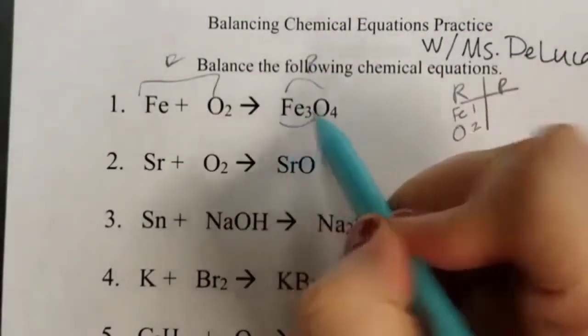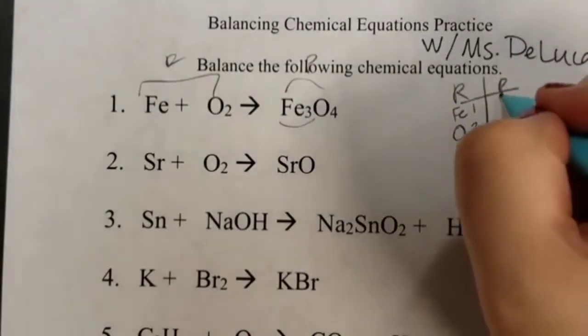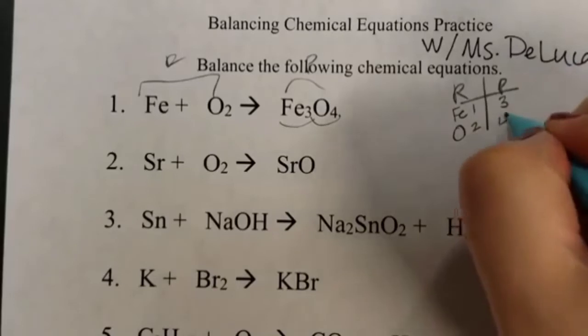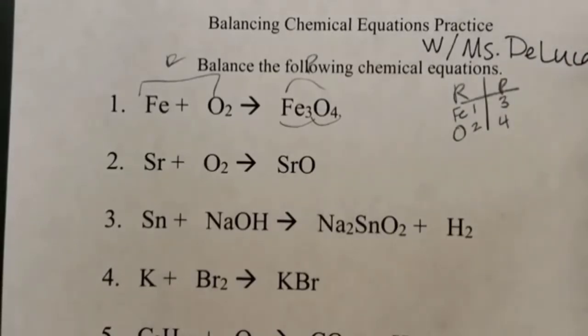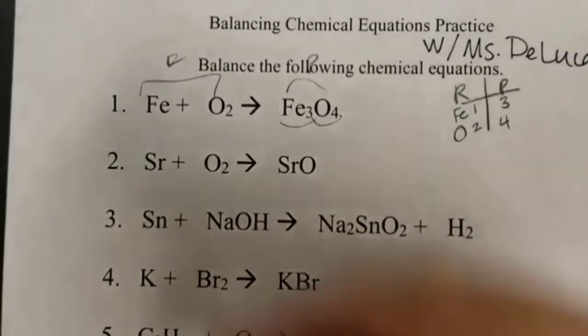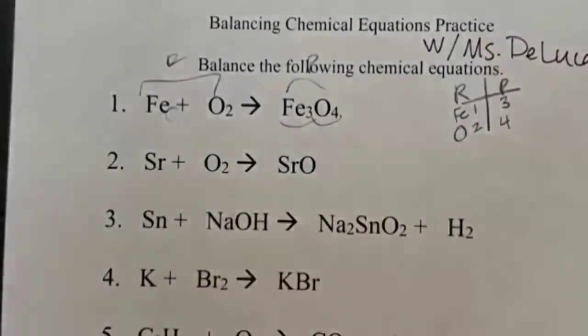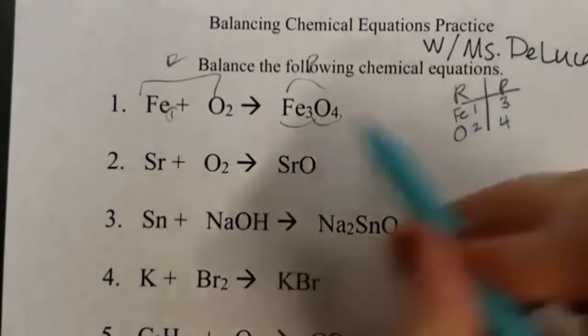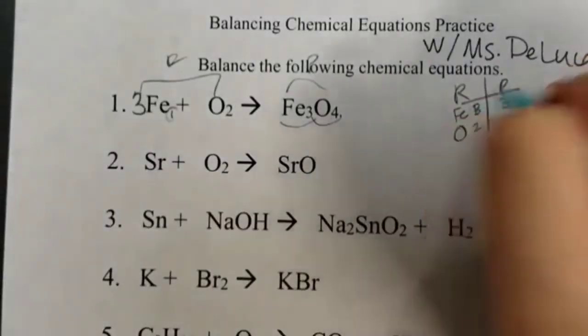Number of iron atoms here is 3, and the number of oxygen atoms here is 4. So we're going to start with the easy one first, which is the ones that have a 1 as their subscript. We need 3.